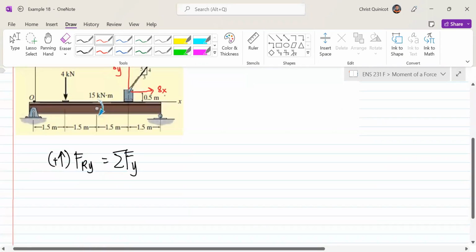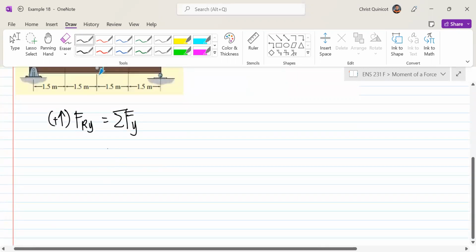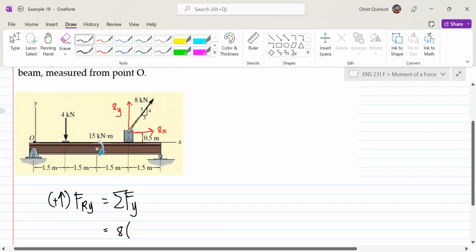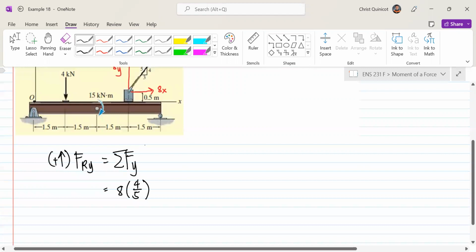Okay, so we do summation in the y-axis. This is equal to positive 8 times 4 over 5, because our 8 kilonewton is going up, and then minus 4 kilonewton going down.